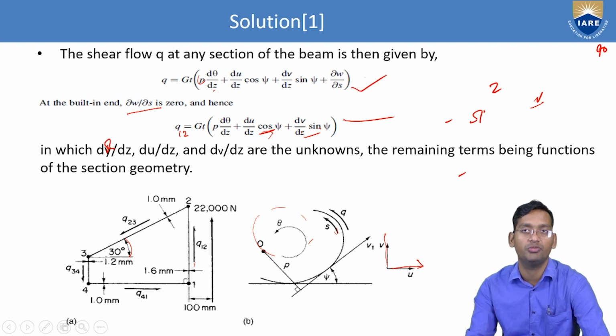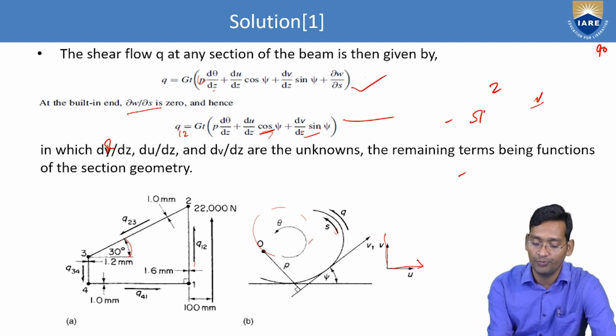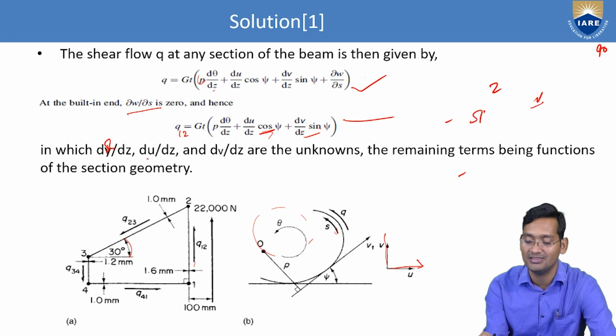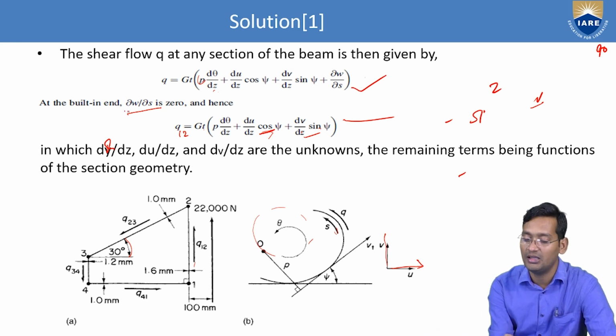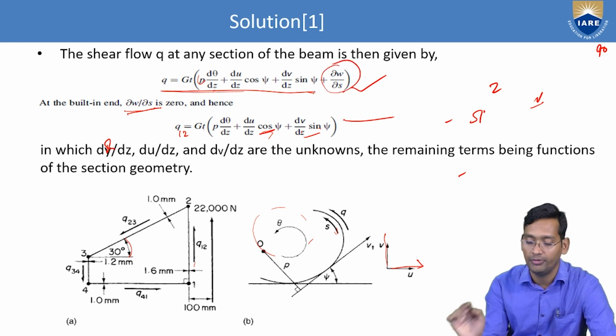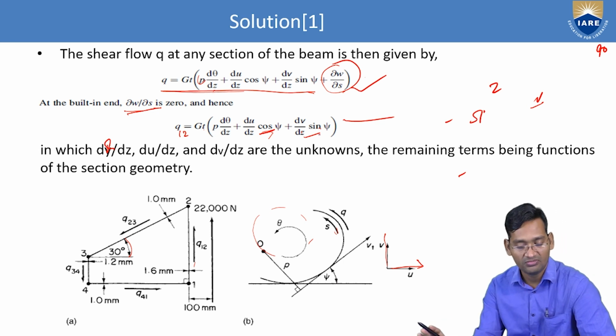For this I already derived it in the previous video, right? So that will be what? Here d theta by dz, du by dz and dv by dz, in this it is unknown. But for built-in, del ws by del s is 0. So this term will be 0. So only this remaining thing will be there. So that is here. Right?